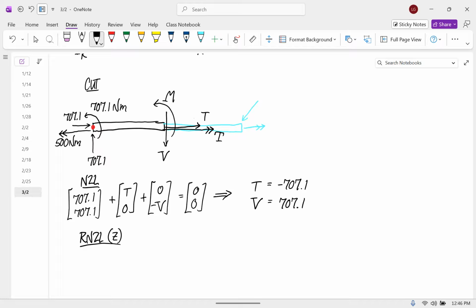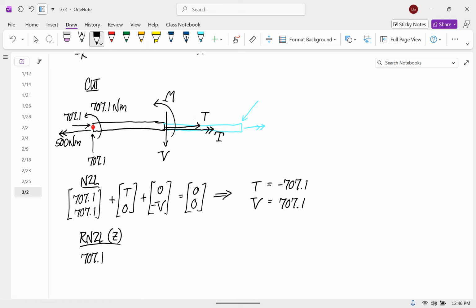Couples don't care about the about point, remember? So we still have this 707.1. The 500 is about a different axis, so I'm not going to put that in. The two 707.1 forces are happening at the about point, so I'm going to leave those out. Those don't produce a moment.